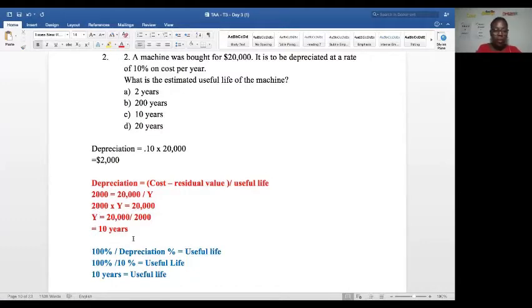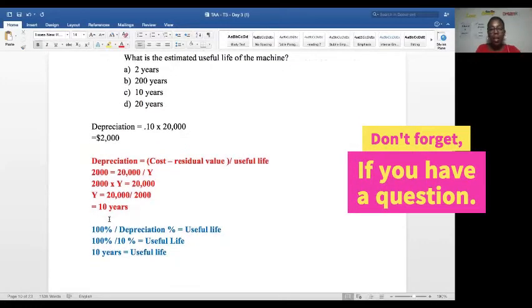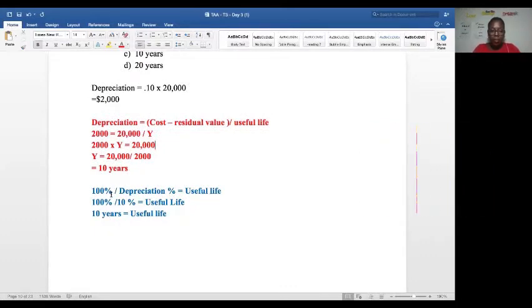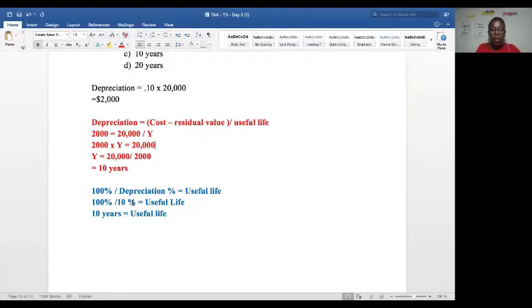Why do you do that? This is why you do that, right? That's it in red. Another format you can use is realizing that the useful life is equal to 100%. Right? That's the max. So if my depreciation is 10%, as my depreciation factor, how many times I could deduct this 10%?